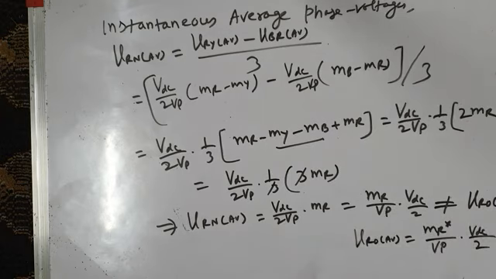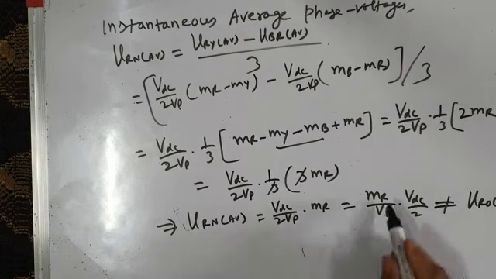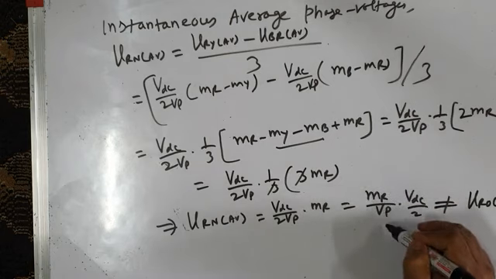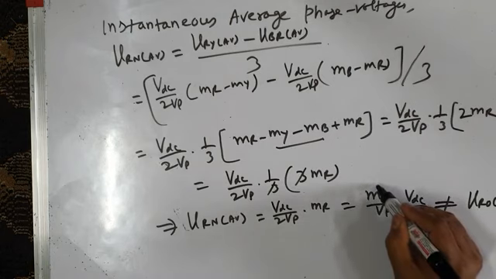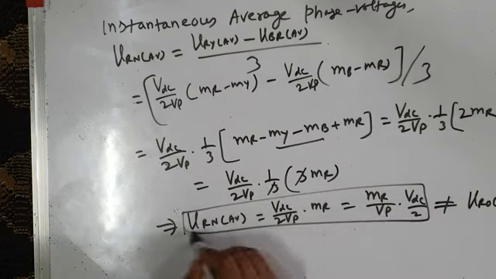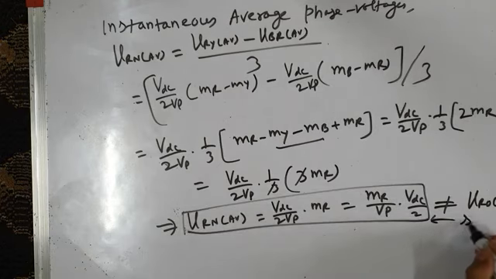And since the instantaneous average pole voltage VRO was non-sinusoidal because of the target reference wave, the modified modulating wave, our instantaneous average phase voltage VRN is sinusoidal because it is not given by Mr star by Vp, it is given by Mr by Vp, the original modulating wave. And since our original modulating wave is sinusoidal, the instantaneous average phase voltage is also sinusoidal in nature.